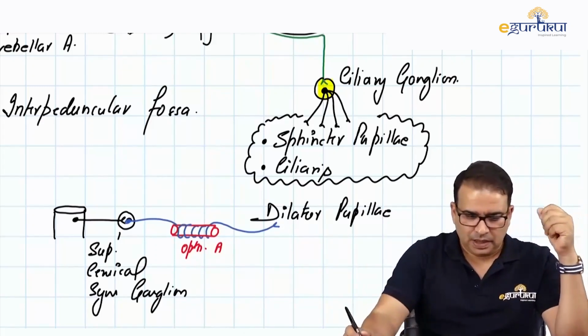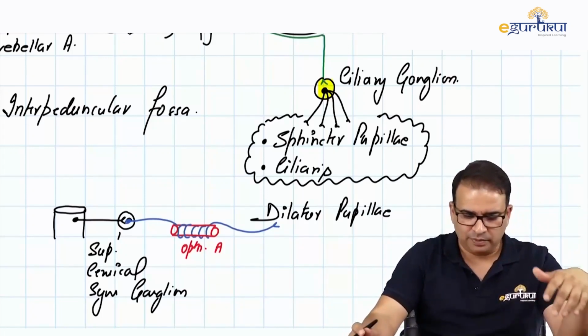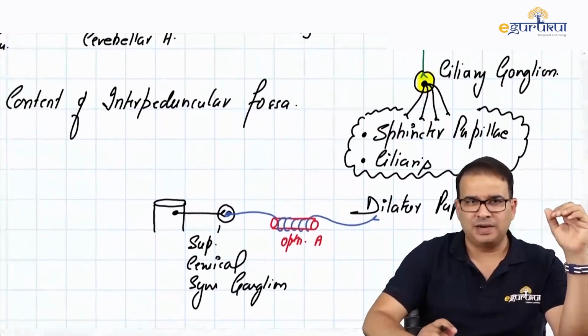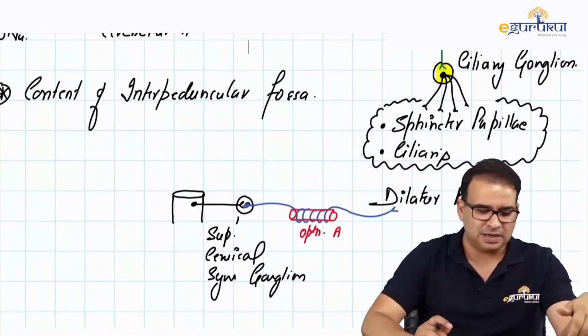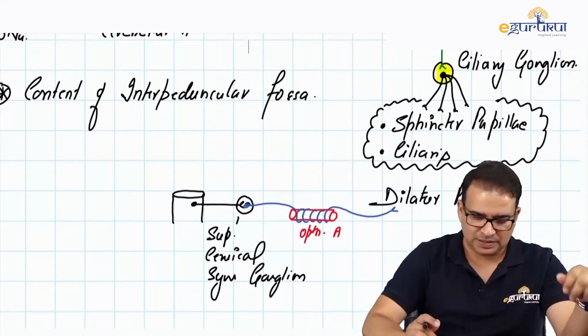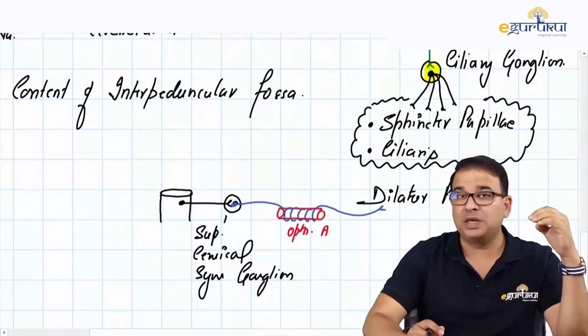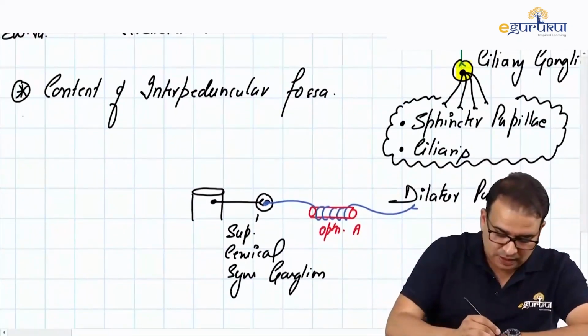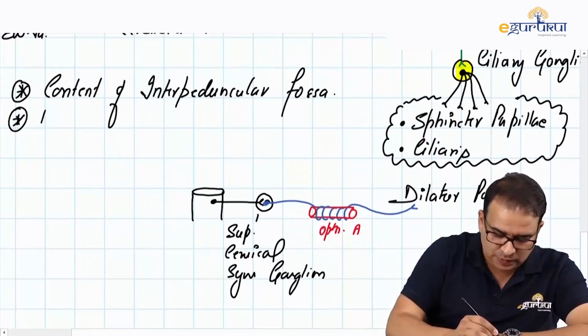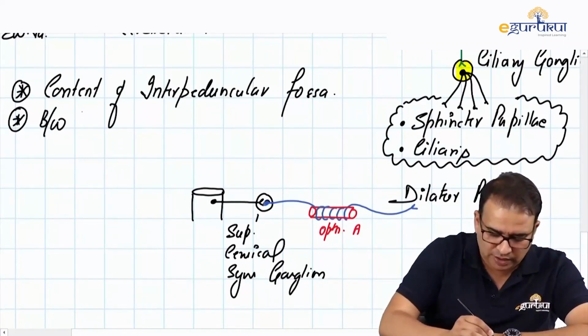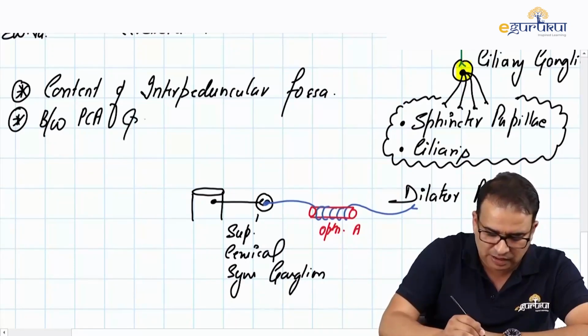Okay. Now, what all important information can we fetch from here? Like we already said, the third nerve is a content of what? It is a content of the interpeduncular fossa, and because the nerve is coming out between two major arteries, we saw that the nerve emerges between PCA, the posterior cerebral artery, and the superior cerebellar artery.